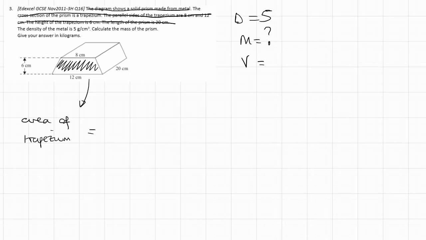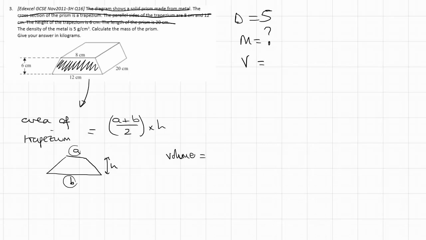Find the average of the length of the parallel sides and times it by the distance between. That basically means take this, add that, divide it by 2, which finds the average, and then times it by the height.